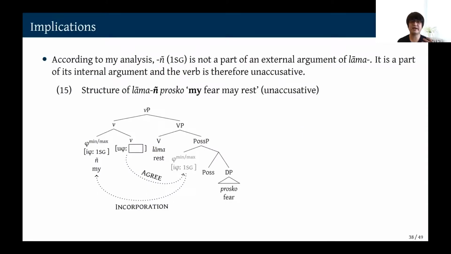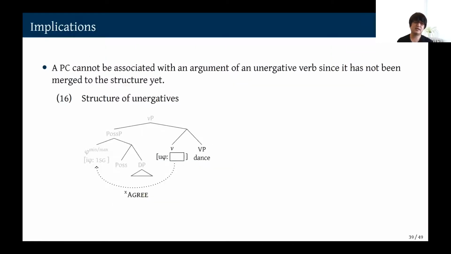According to my analysis, the first person singular clitic nu in this example is not a part of an external argument, but a part of the internal argument of llama, and the verb is therefore unaccusative. In contrast, a PC cannot be associated with an argument of an unergative verb since it has not been merged to the structure yet.